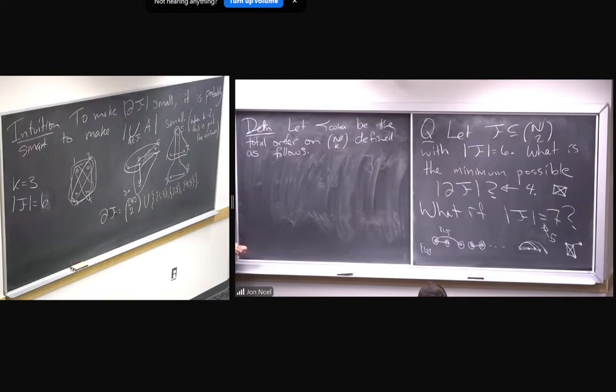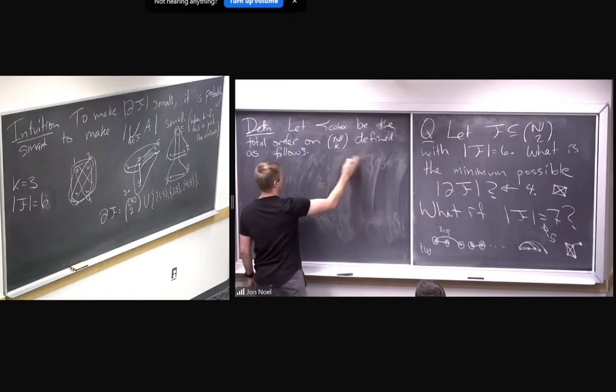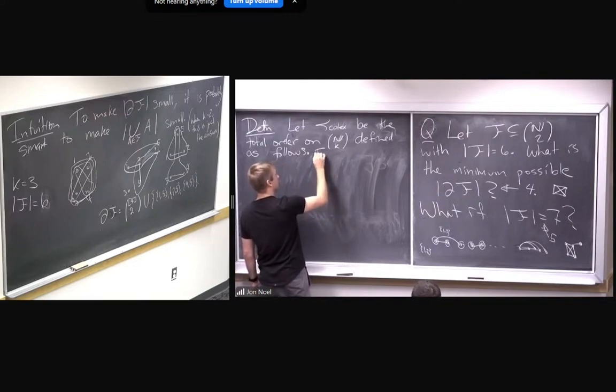If we think about the sets that come early in this order, we want the sets early in the order to be the sets which don't use many elements. I'll just write down the definition, and then we'll think about it. So it's defined like this.